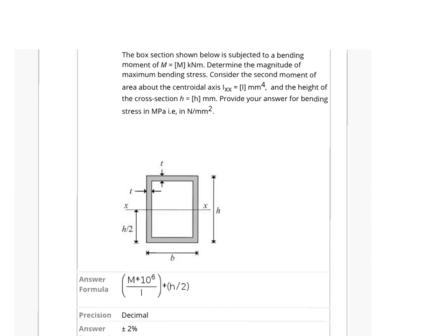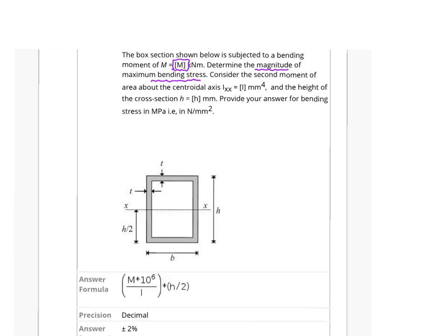For this problem, you may have been given a numerical value of moment in kilonewton meters, and you have to find the magnitude of the maximum bending stress. Do take care of the term magnitude here, because I'm not talking about whether it is tension or compression. Tension being positive, you could say it is higher than negative compression.